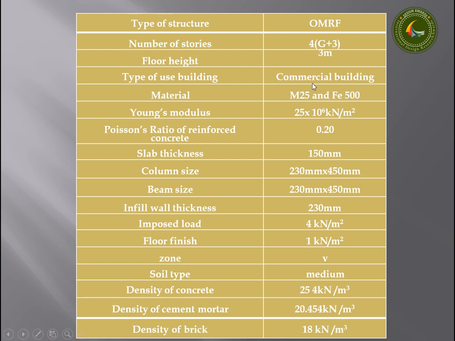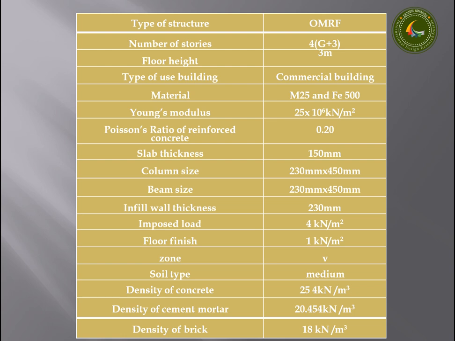The structure is used as a commercial type, with material properties of M20 grade concrete and Fe500 steel, with a Young's modulus of 25 into 10 raised to 6 kilonewton per meter square and a Poisson's ratio of 0.2, with a slab thickness of 150, column and beam sizes of 230 by 450 mm, and a wall thickness of 230 mm.